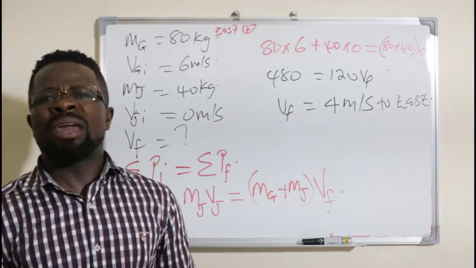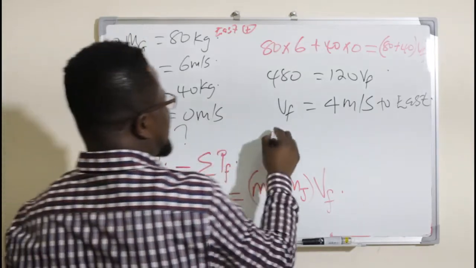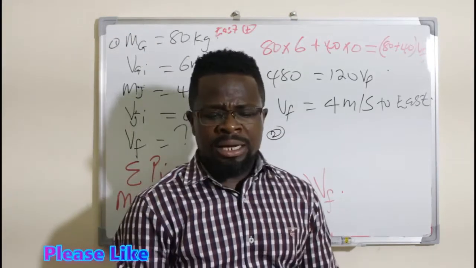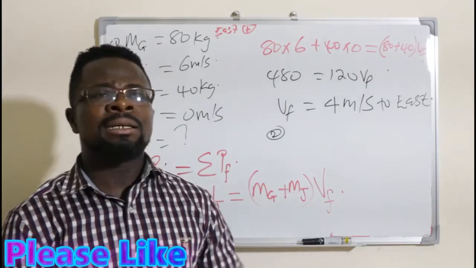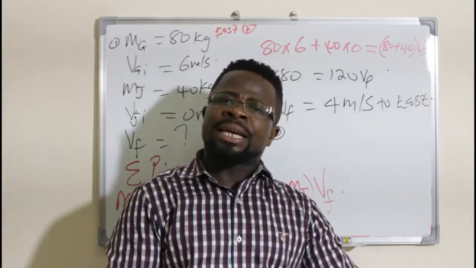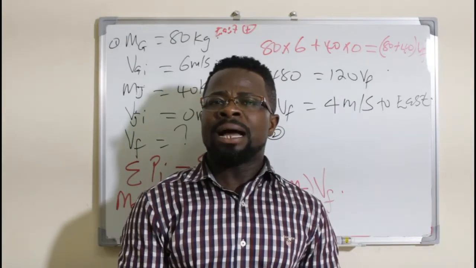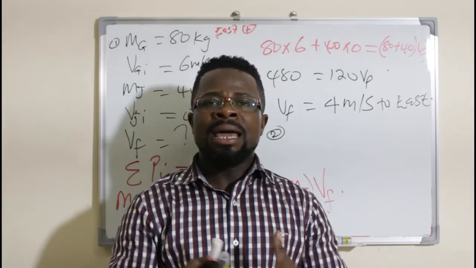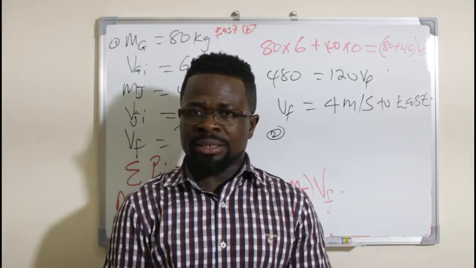And the next question is asking us about what type of collision that is going to be. Well, we have just said that it is only in an inelastic collision that after the objects collide together, they stick together and move as a common unit, having a common velocity.